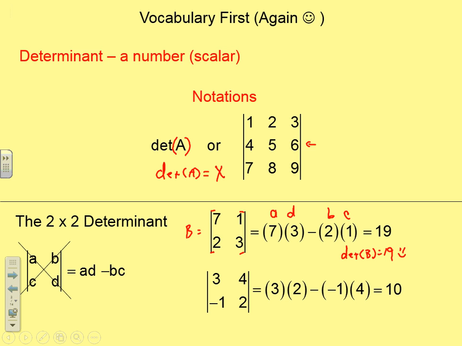Let's just call this matrix D. So the determinant of D, in this case, is 10. My cameras are really missing that bottom right corner of my board sometimes.